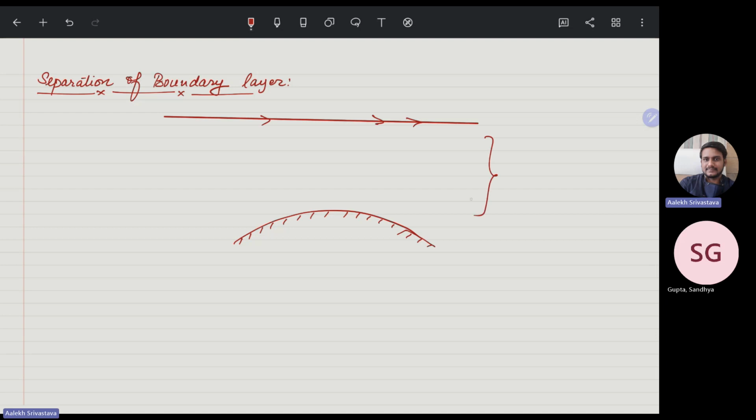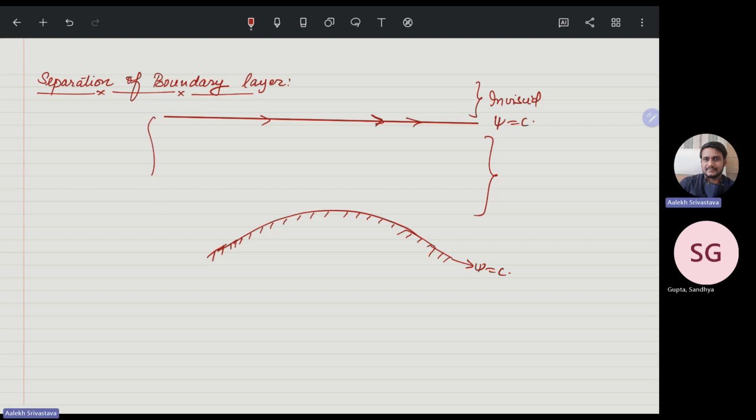Here you have an inviscid region. So this is a far streamline where no effect of this boundary is present. Now, this wall is also one streamline. So this is psi equal to constant, one streamline, and this is psi equal to constant, another streamline.